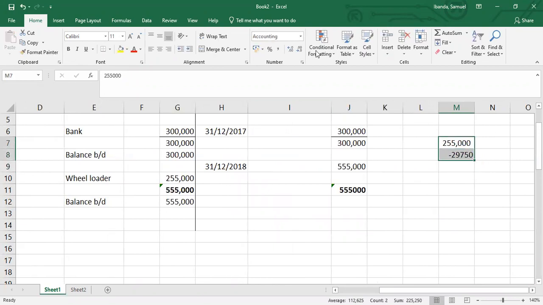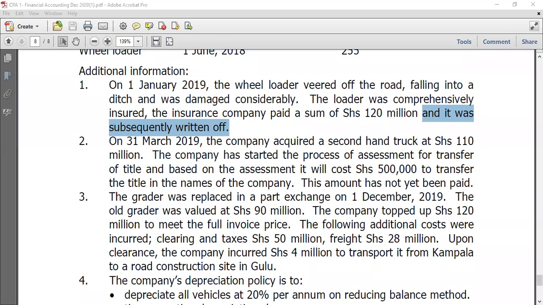So ideally, this wheel loader was still valuable at 225,250. But the insurance company only managed to give us 120 million. Okay, so that is what the insurance company was able to give us.